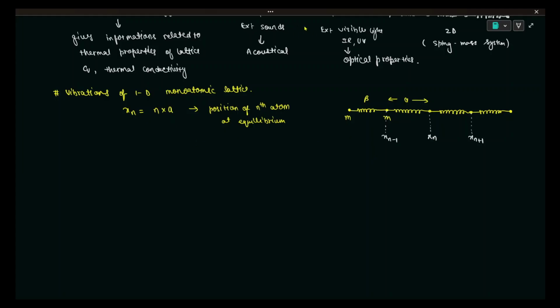Now I am trying to disturb this equilibrium when these atoms are vibrating about their mean position. All these xn's are representing the mean positions. Let's say this xn is slightly disturbed from this position to this, and all these atoms are displaced.